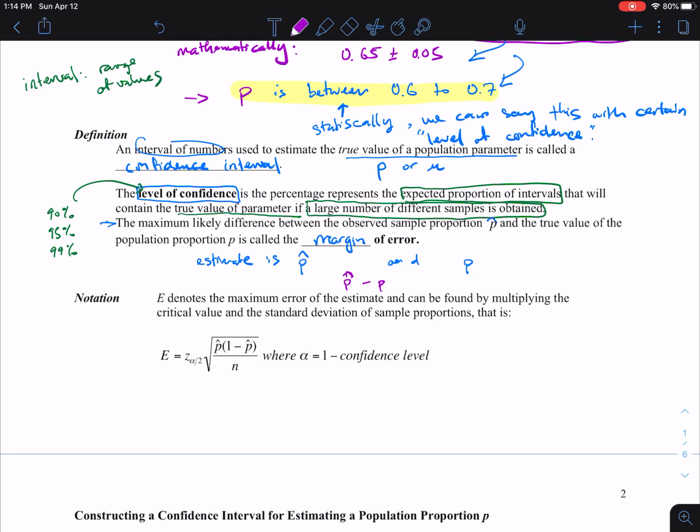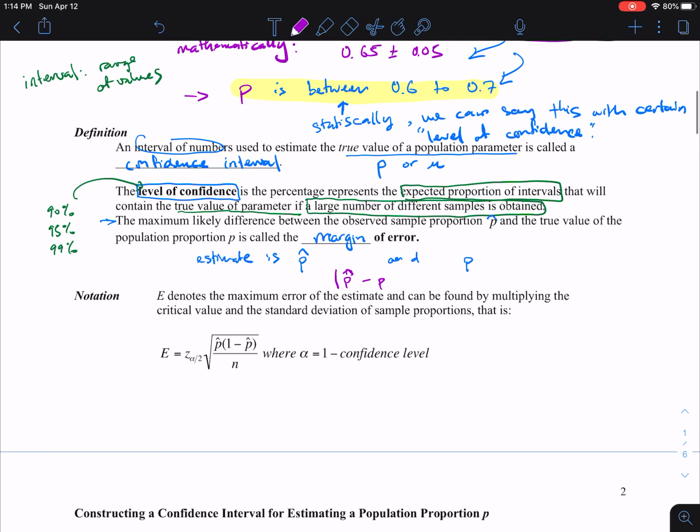It could be on the left side of p or to the right side of p, so that could be the absolute value. This is called the margin of error, meaning how far off is the estimate?